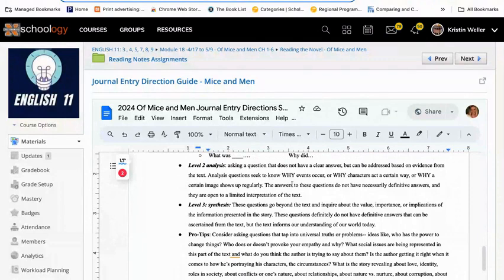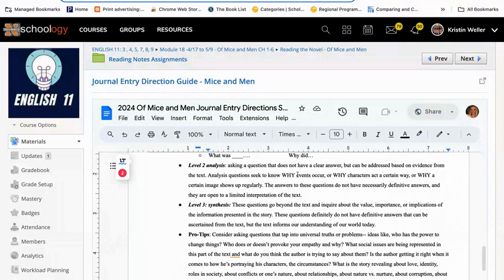So these questions typically are asking the listener to explain why something happened, why characters are acting a certain way, or why certain images show up regularly. Notice that each of these questions is asking the reader to look for a pattern in something. That's typically what a level 2 question would do.